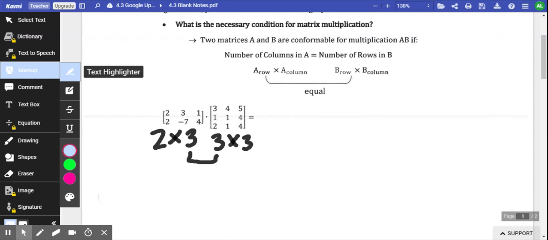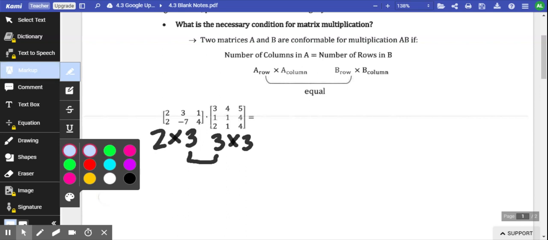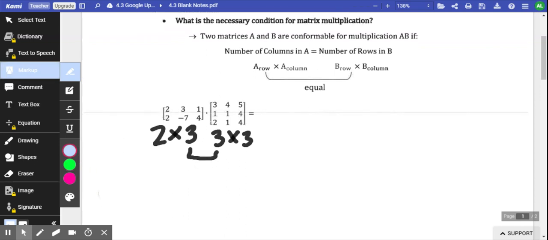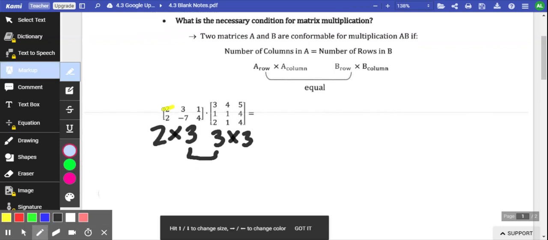You're going to take this first row, that 2, and that 3, and that 1, and you're going to multiply it by this first column.